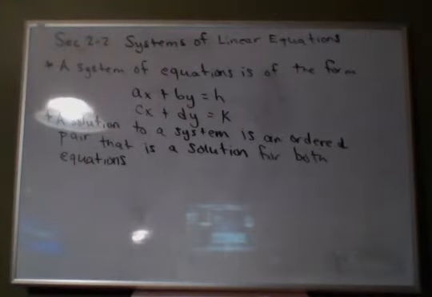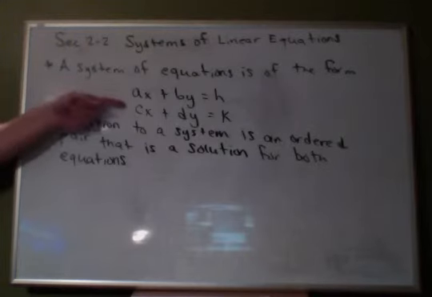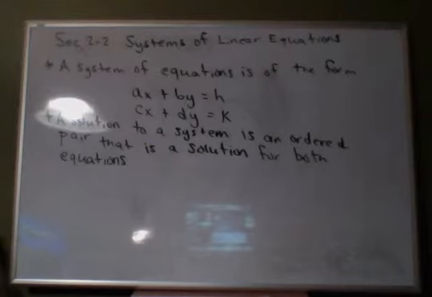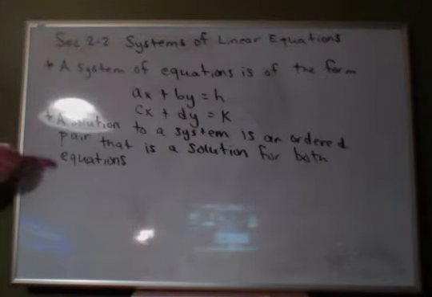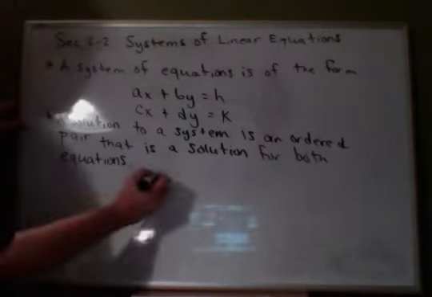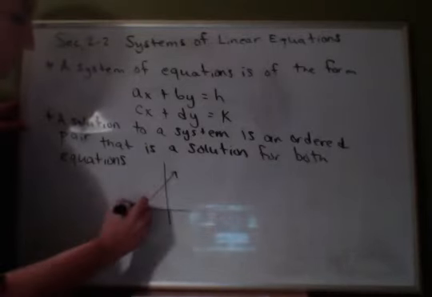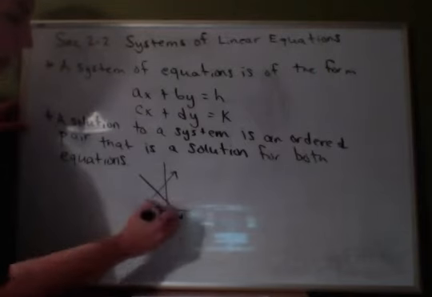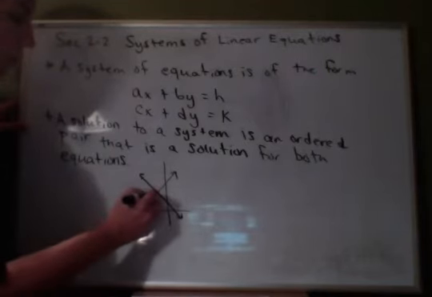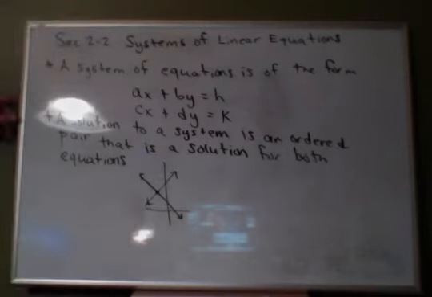So since we're talking specifically about a system of linear equations, that indicates that if we were to graph each of these, we would get a line out of them. And so a solution to the system is an ordered pair that is a solution for both equations, or if we were thinking about this in relationship to a graph, if I have two lines that I have graphed, it's going to be the ordered pair where those lines would meet one another.